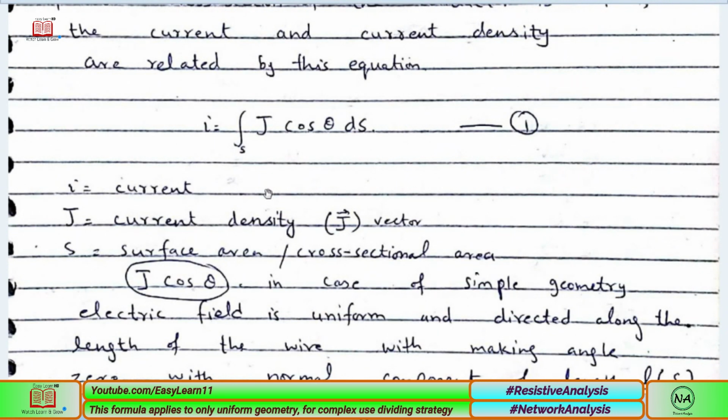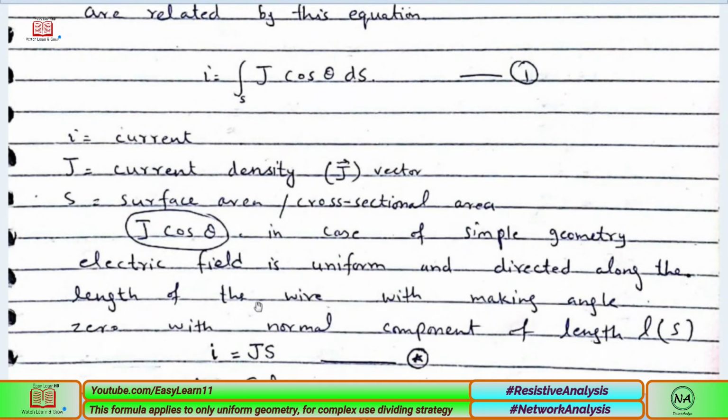So in the case of simple geometries, cos theta has a value of 1, because the maximum value of cos theta is 1. Why does it have a maximum value of 1?